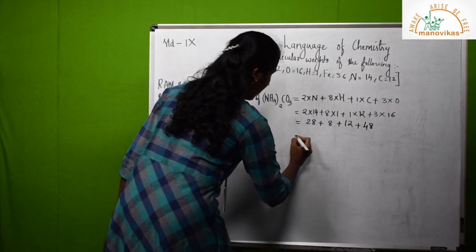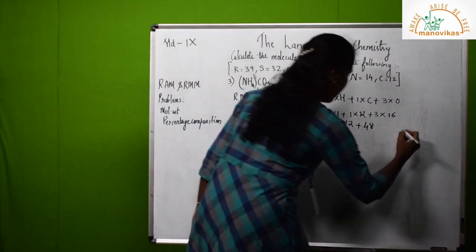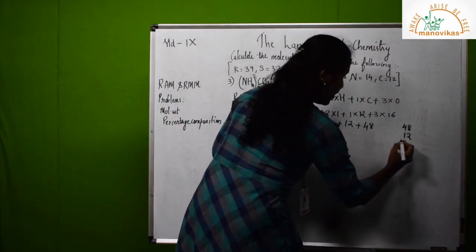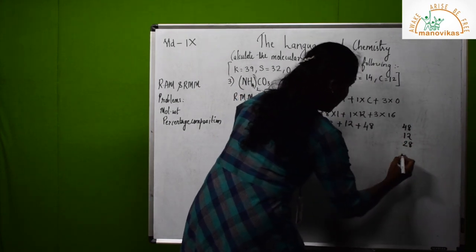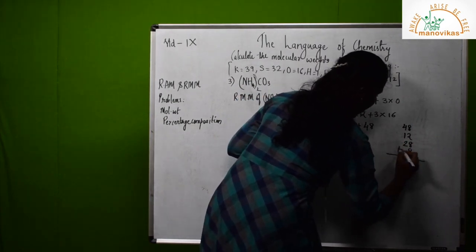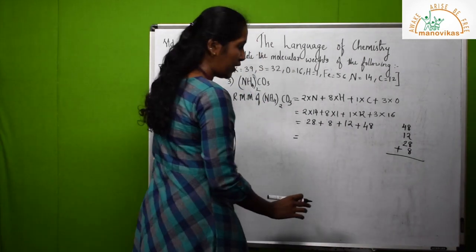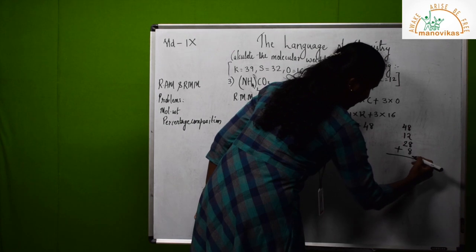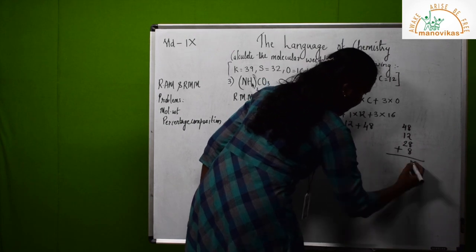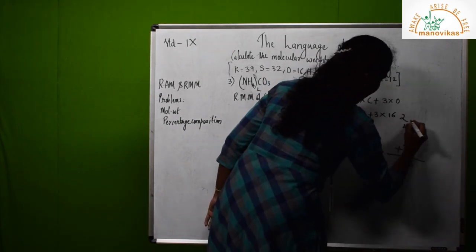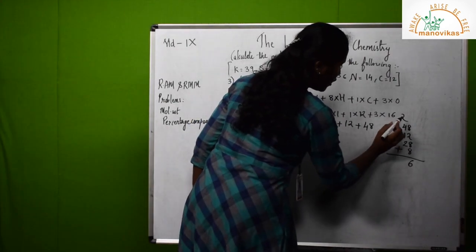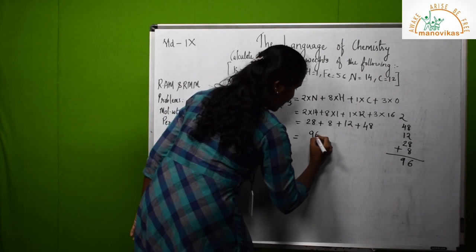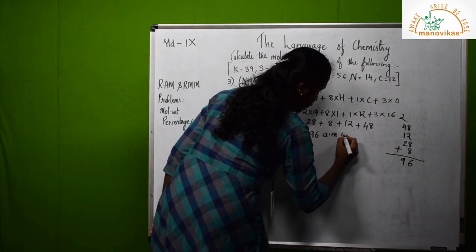Yes. So we'll add it. So it will be 48, 12, I'll write 28 and last 8. So when you are adding, please check your numbers. Okay. So 8 plus 2, 10. 10 plus 8 is 18 and 18 plus 8 is 26. Carry over 2. 4 plus 2, 6, 7, 8, 9. So it is coming to as 96 AMU.